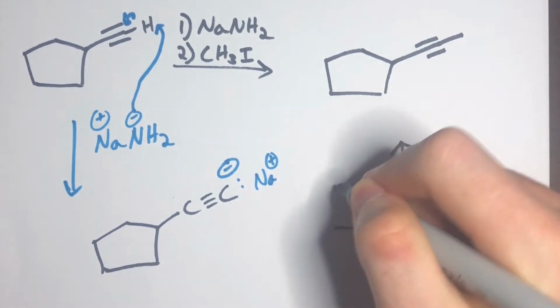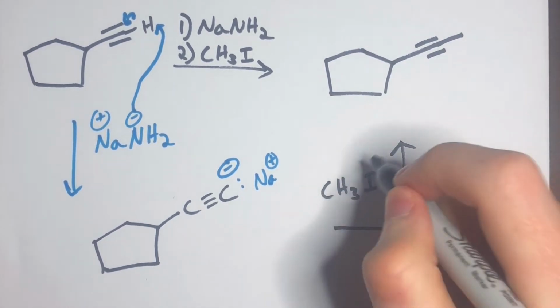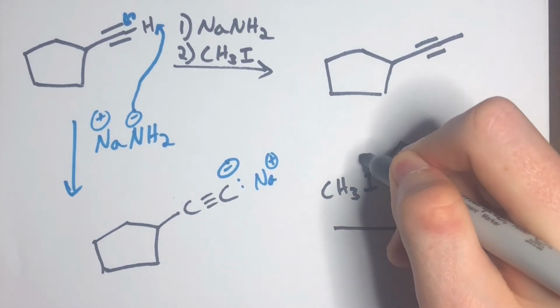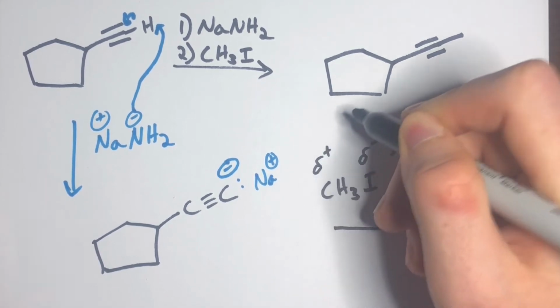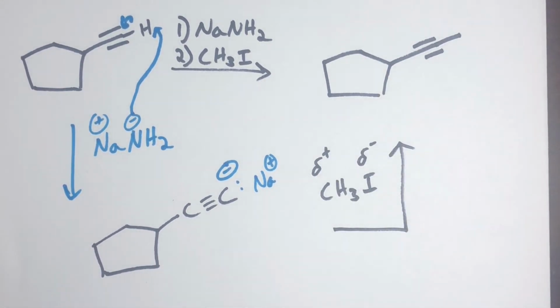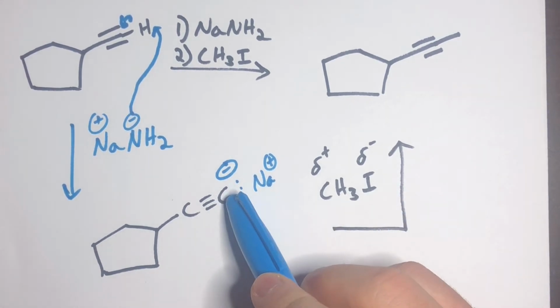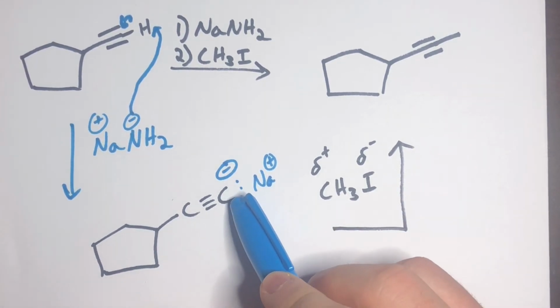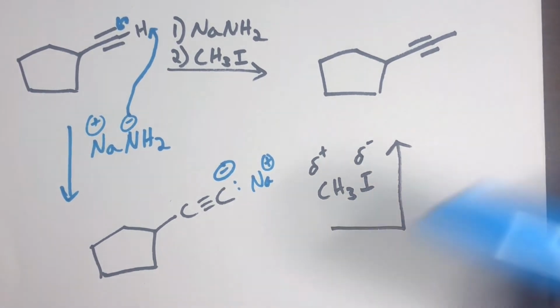So here, if we have CH3I, we know that there's a dipole going towards the iodine, so that's a partial negative, and the carbon has a partial positive. Iodine is a good leaving group. This is a good base and a good nucleophile, so it can come in and attack to create this new bond.